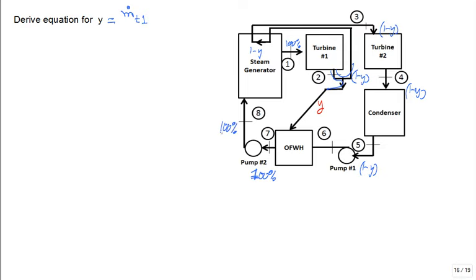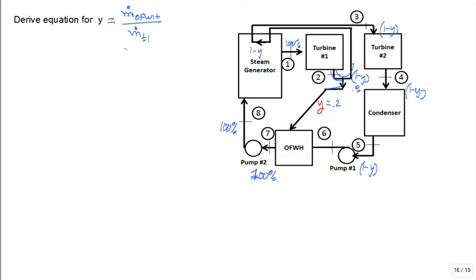You see that? So it's like 1, and then maybe y is 0.2. Well, then 0.8 goes around until it joins back up. What's 0.2? It's the fraction. It's 20%. What's 0.8? 80%. So it's a ratio of what goes down to feed the open feed water heater divided by the mass flow rate that came into the first turbine.